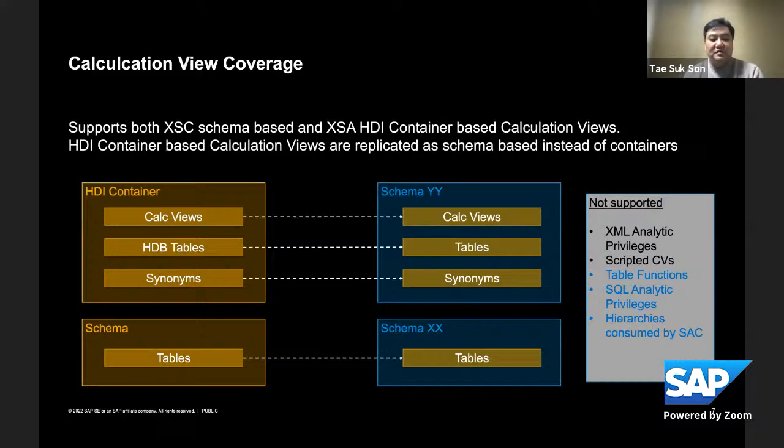So this is one type of replication where we can support replicating the XS Classic-based calculation views directly to the HANA Cloud side as tables and calculation views running on HANA Cloud.